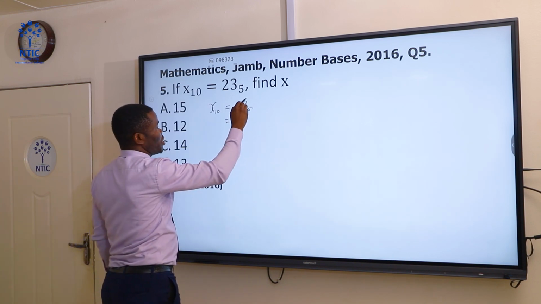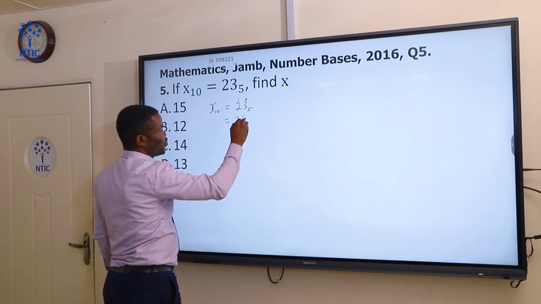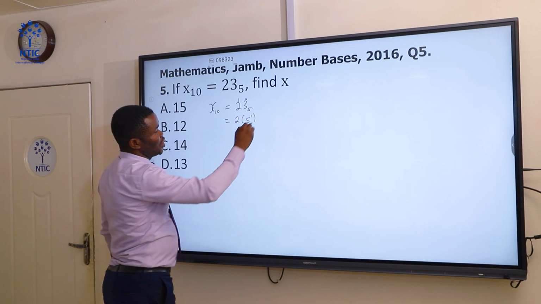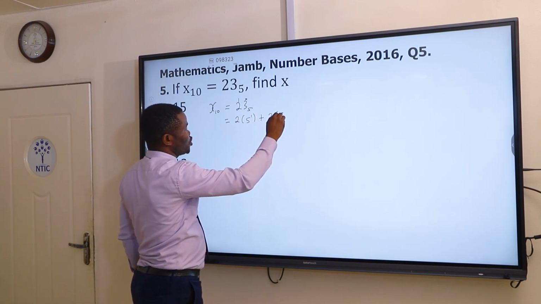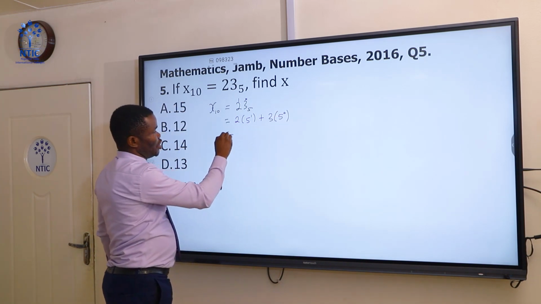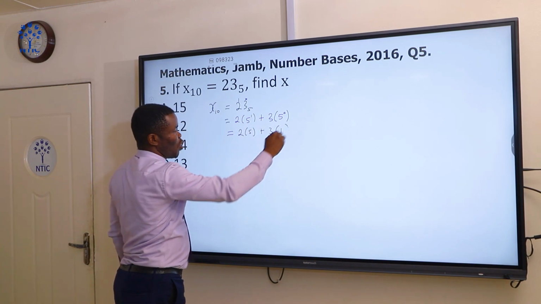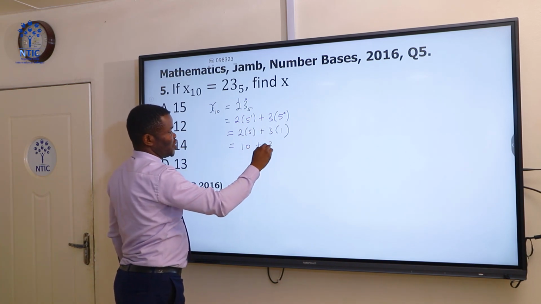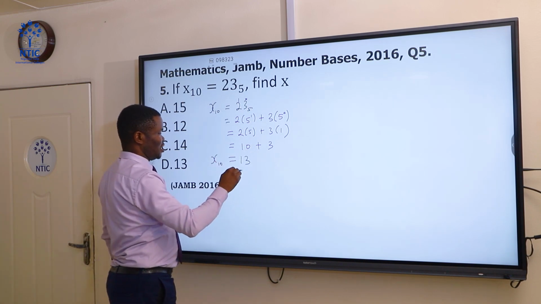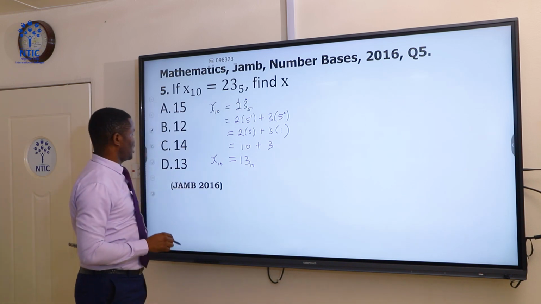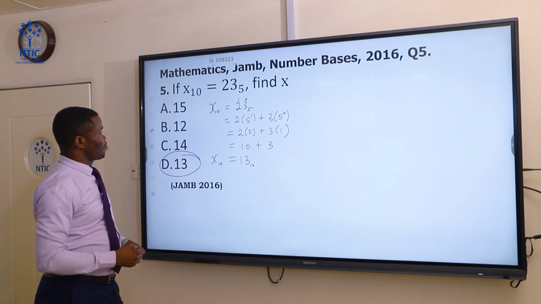I'm going to assign my superscripts 0, 1, so that I will have 2 times 5 raised to the power 1 plus 3 times 5 raised to the power 0, equal to 2 times 5 plus 3 times 1, equal to 10 plus 3. And this will give me 13. So 6x is in base 10. This is also in base 10. So my answer is going to be D.